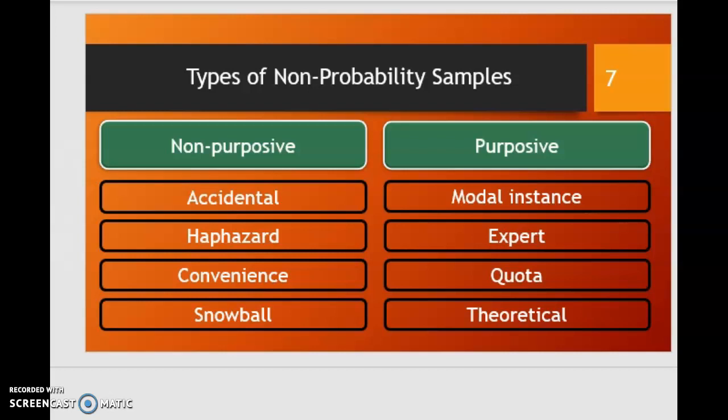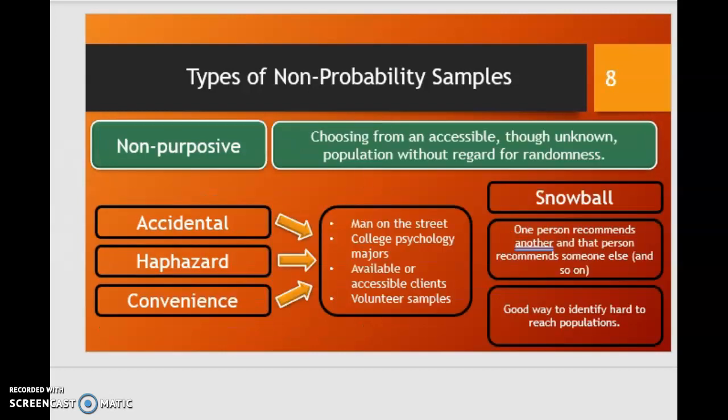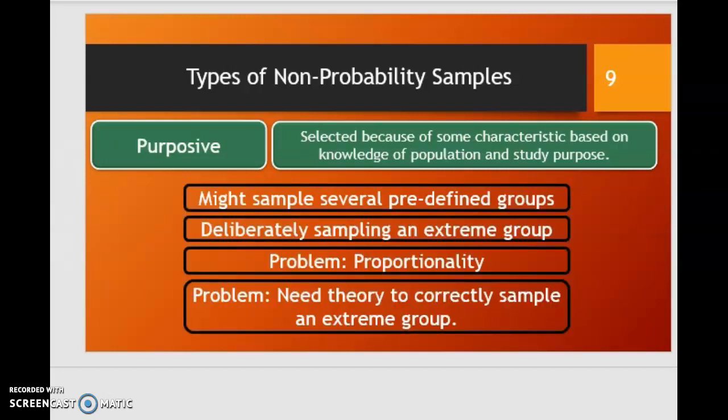The non-purposive is a type of non-probability sample in which we're choosing from an accessible, though unknown population without regard for randomness. But the purposive sampling is the method in which we do the selection in a random way.